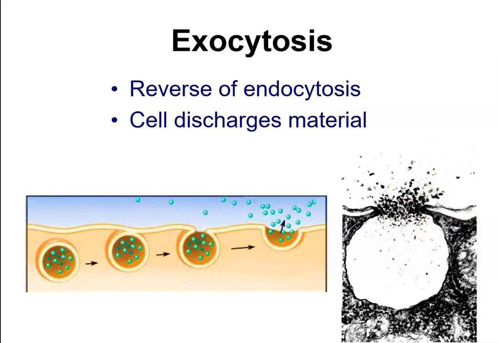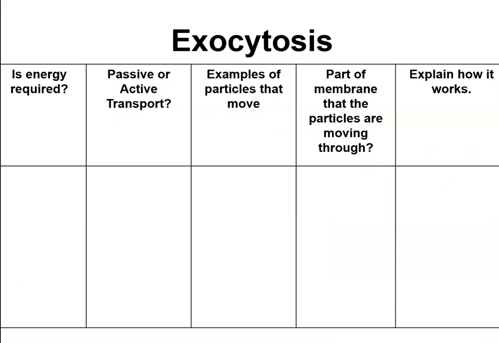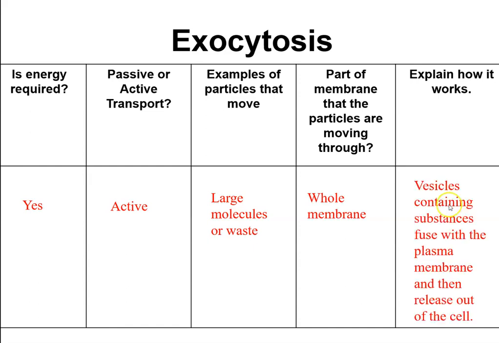They just spew stuff out. That's exocytosis. Does it require energy? Yes, it is active. Large molecule waste products need to go out. The whole membrane is involved, and the vesicle is going to move itself to the outer portion, and then it's going to spew, like regurgitate. Throw up would be how I would describe exocytosis.